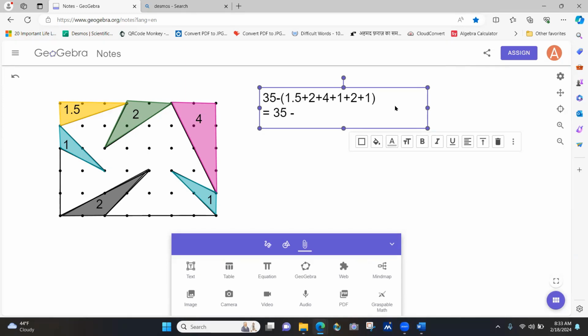Let me double check. 1.5, 4, 5, 6, 7, 8, 9, 10, 11.5. I'm going to check it once again.